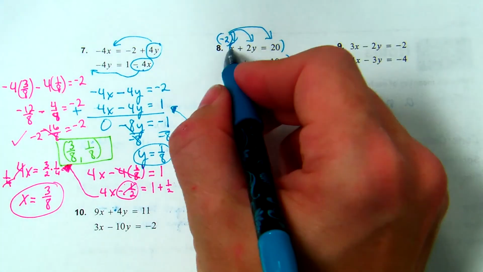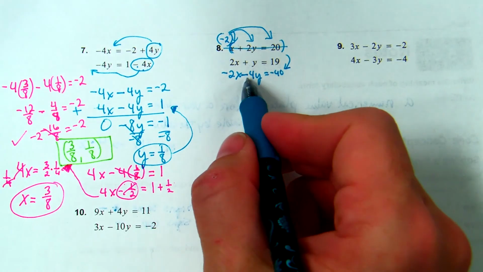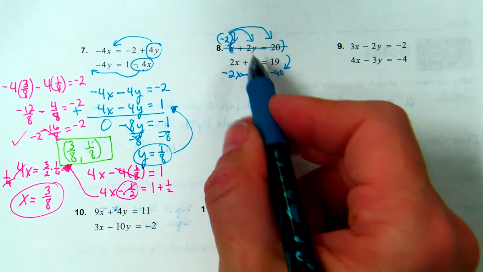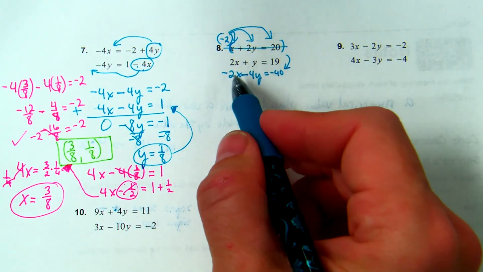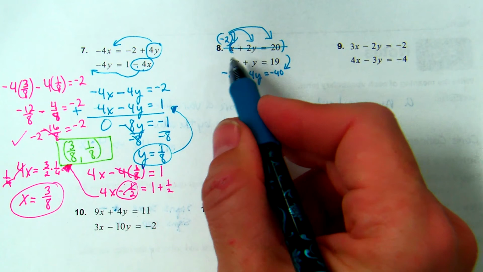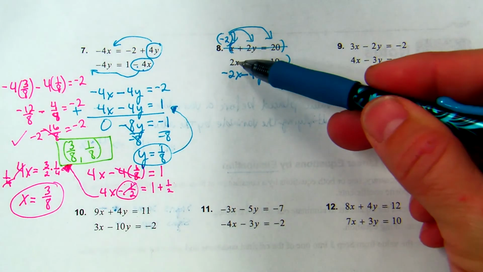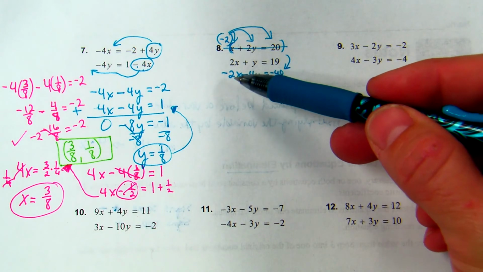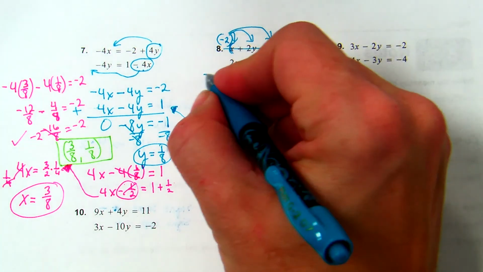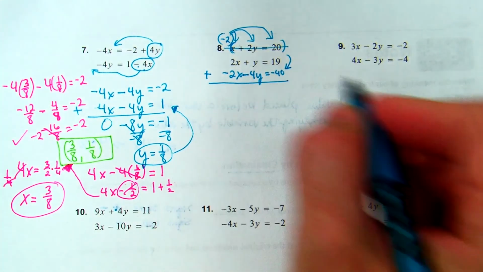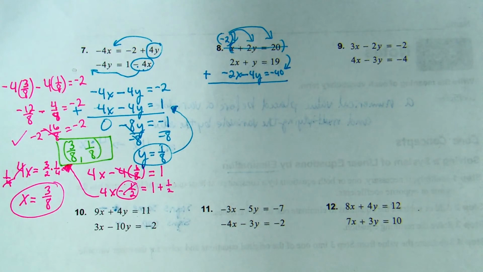Alright, so now this is my new equivalent equation, but now it gives me the option to eliminate this x term in front because I've got +2 and a -2, so I've got opposite signs. I can add these two equations together and it'll help me eliminate the x term.